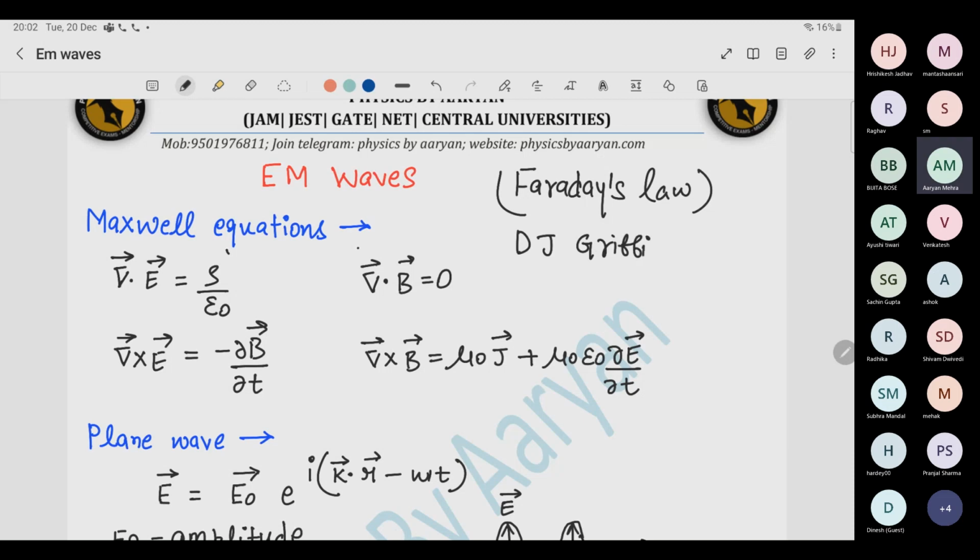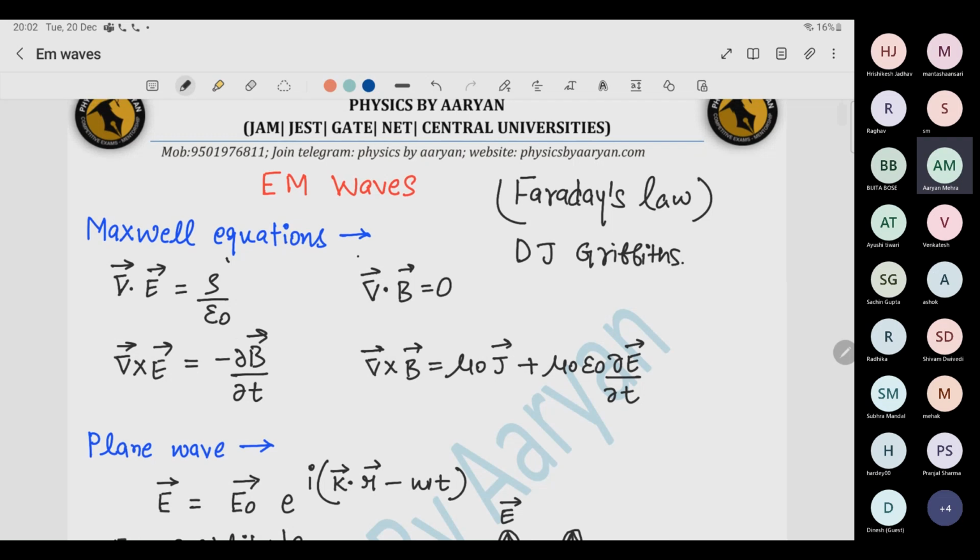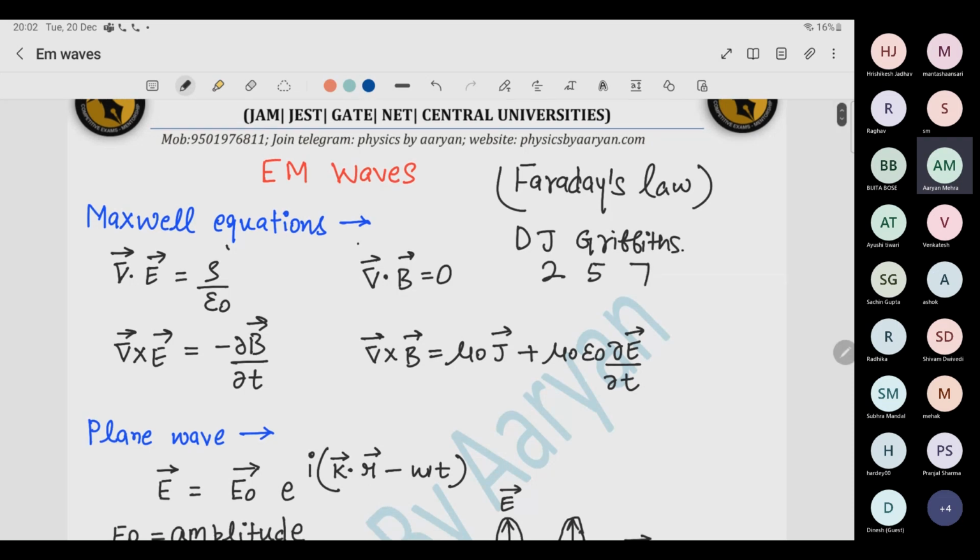You should have a very good habit of reading this book and a very good understanding of it. There are at least 3 chapters which are extremely important in this book: chapter number 2, 5 and 7. If you have a good grasp of these 3 chapters, then your electromagnetism will remain good for competitive exams.